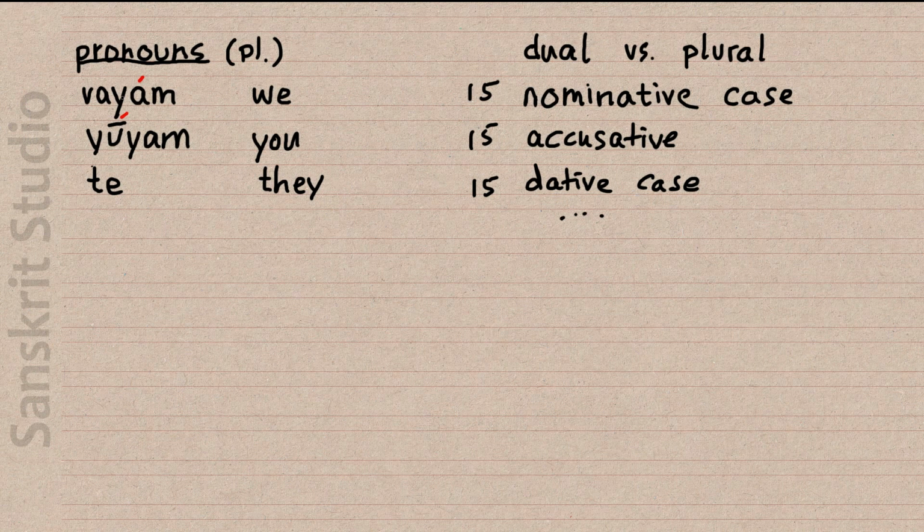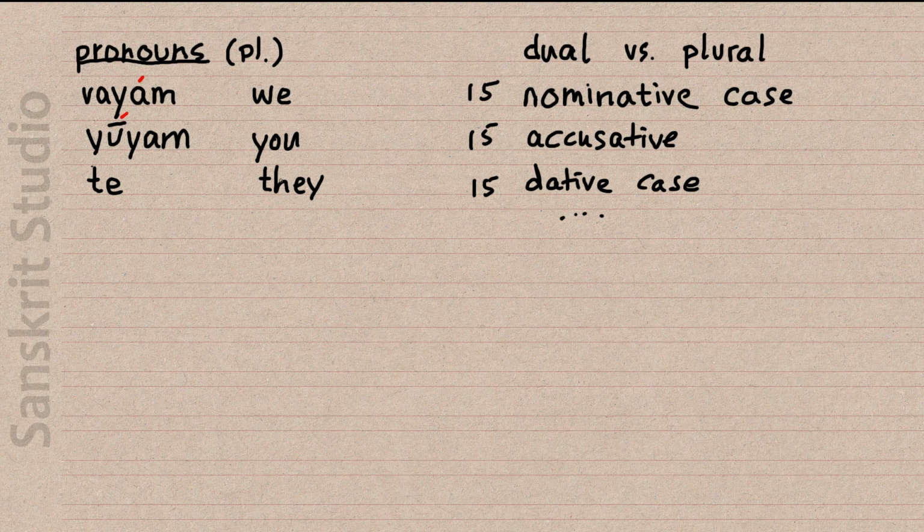And another thing we need to talk about here is my translation. Because of this distinguishing factor with dual and plural, we cannot say simply we in the translation here.